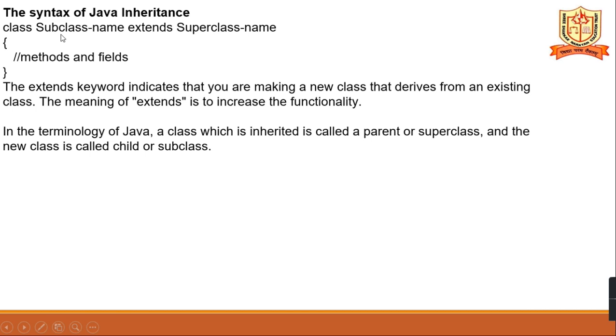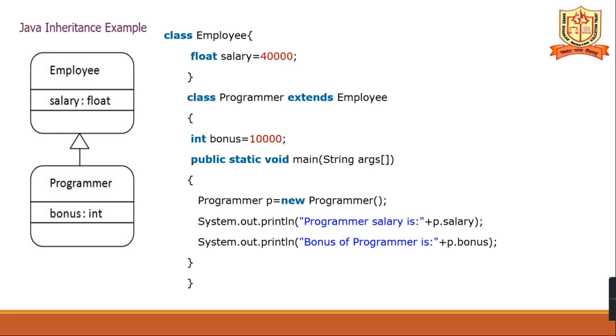What is the syntax? Class name extends superclass name. So here is an example. Employee is a superclass and programmer is a subclass. What is the variable in this one? In class Employee, salary is there, the data type is float.